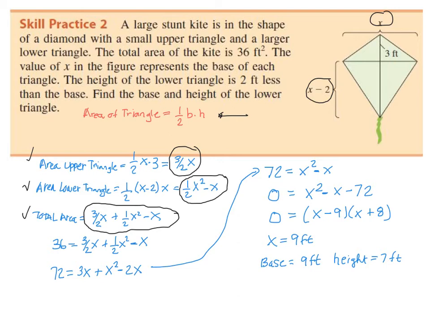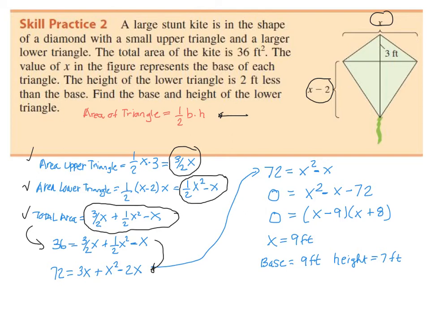What we're going to do here is we set it up. We have 36 is equal to 3/2 x plus 1/2 x squared minus x. Now I'm going to multiply through by 2 because I want to get rid of the fractions. So when I do that, I get 72 is equal to 3x plus x squared minus 2x.